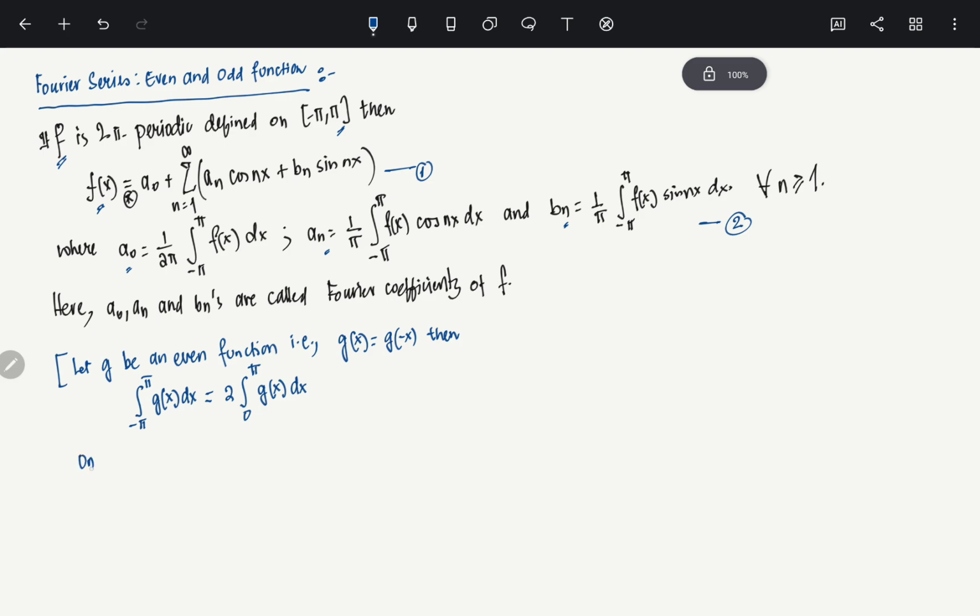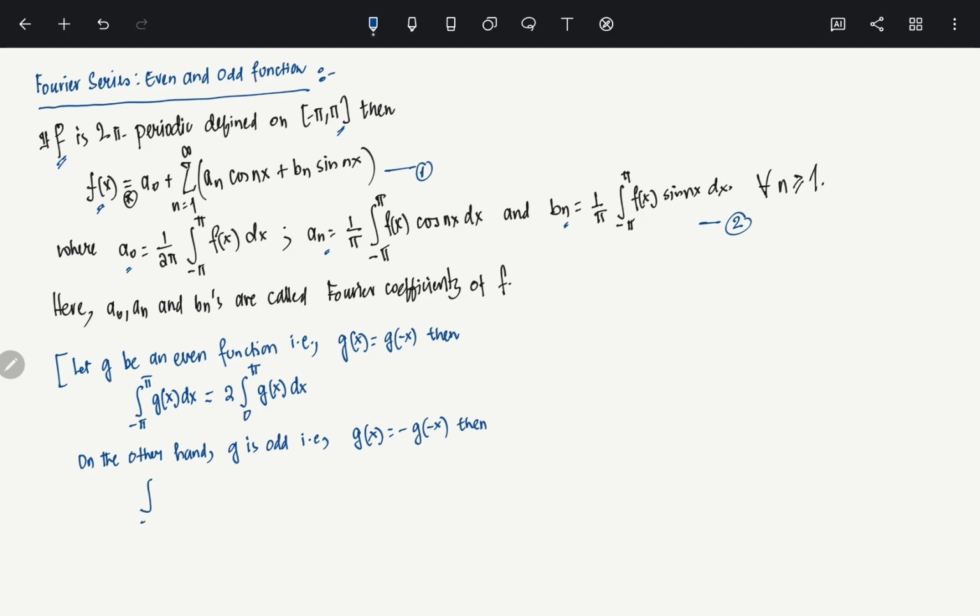On the other hand, let's say that we have another function g which is odd. What does that mean? That is, g of x equals minus g of minus x. Then what happens?